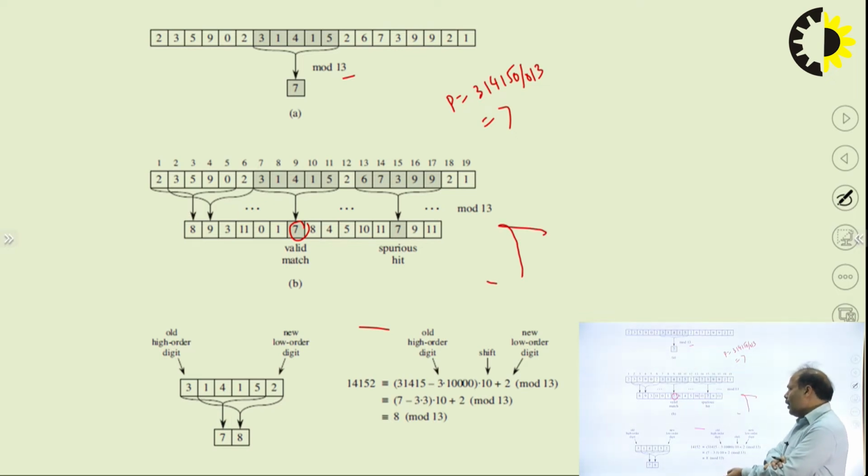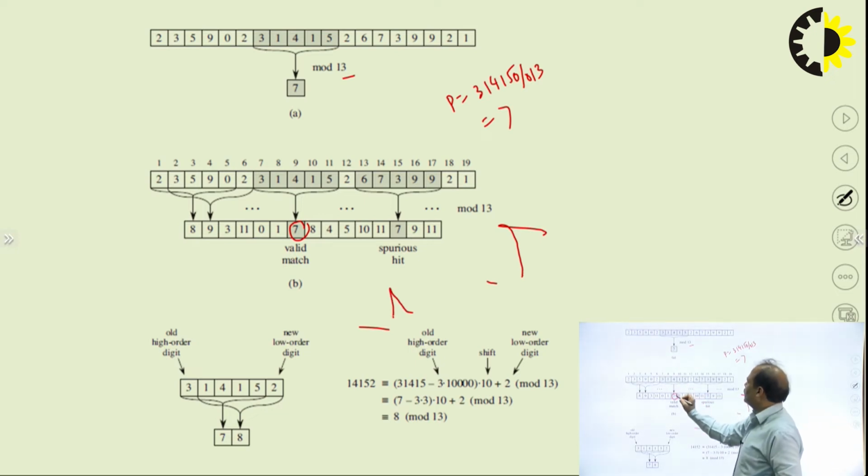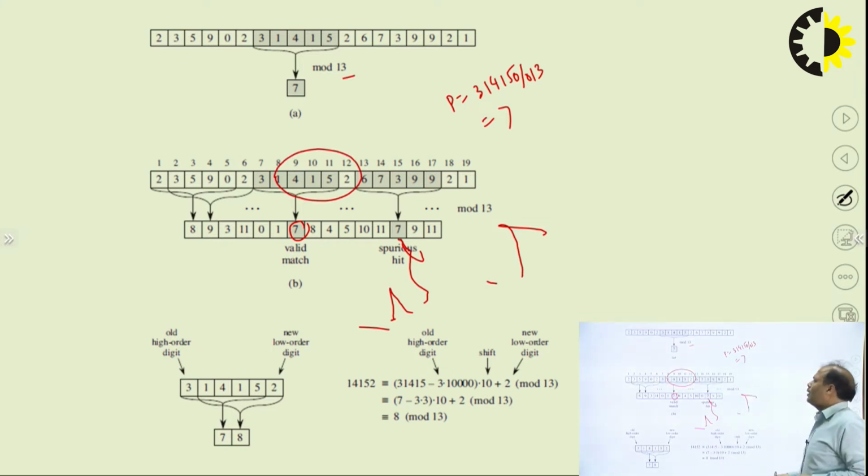So now the question is: if we know this modulus, we know this 7, how do we know the actual value of the next valid shift? This is what Rabin-Karp introduced, the concept of hashing.